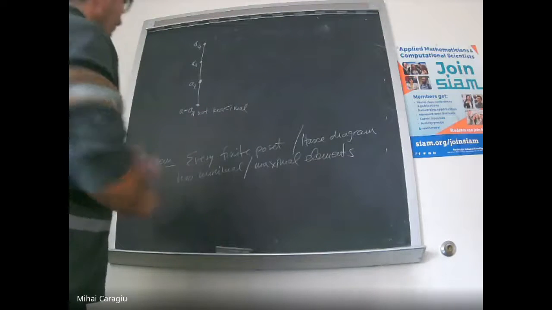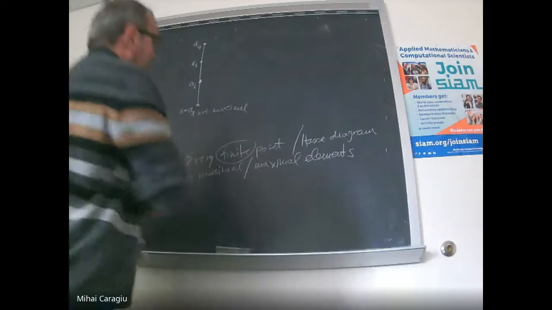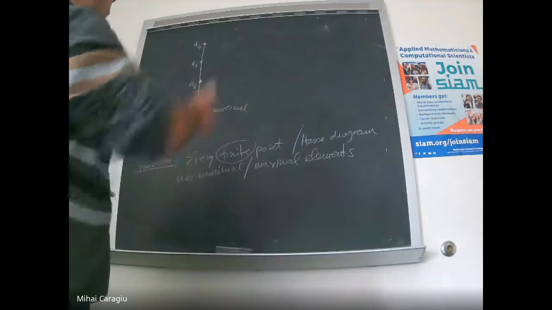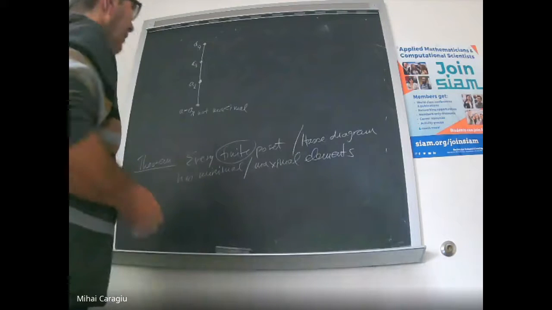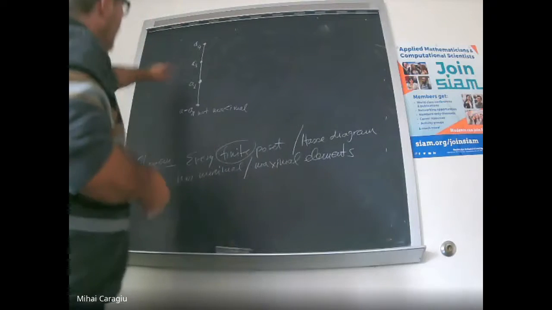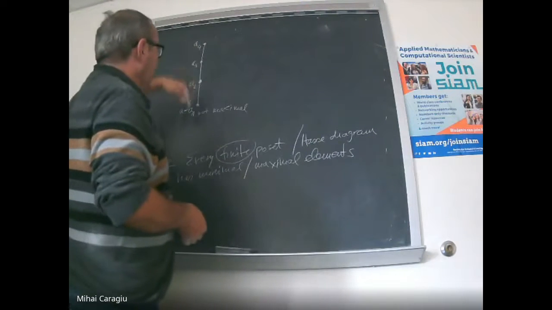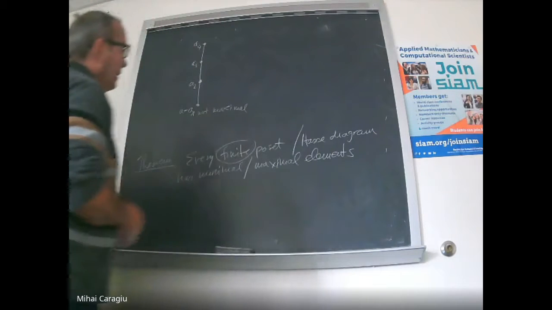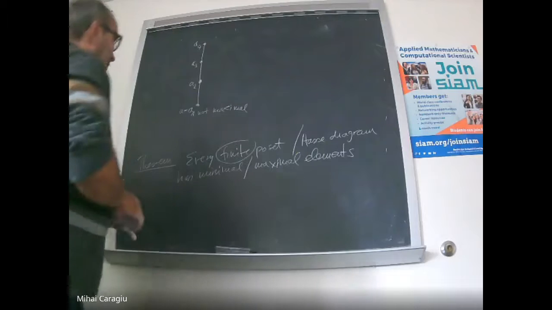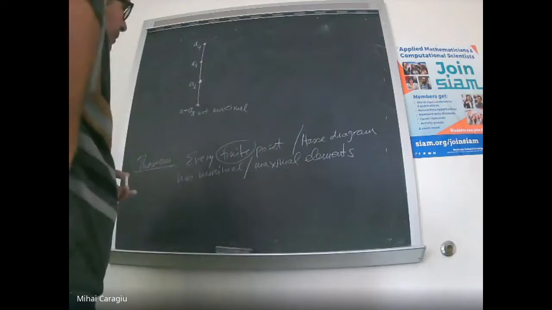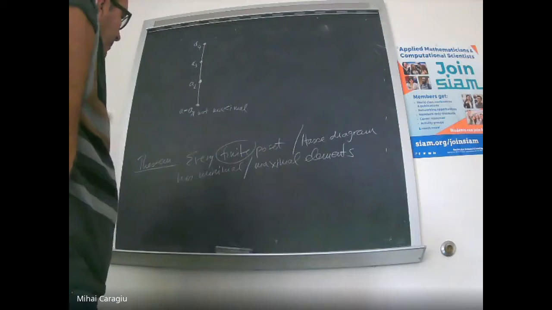That contradicts the finite character of the set. If we can continuously climb, then the set is infinite, which contradicts the assumption. So no matter what, the process of going up must stop at some moment, because otherwise the set would be infinite. So every finite poset or every finite Hasse diagram has minimal and maximal elements as well.